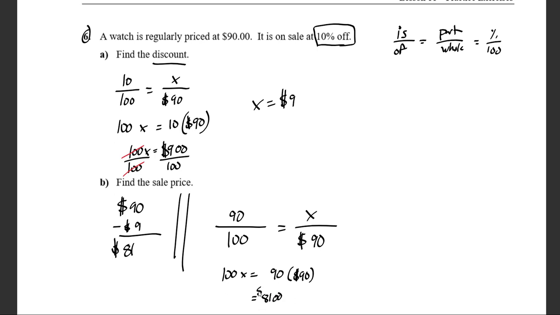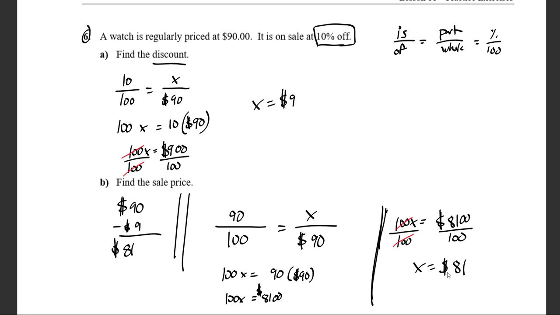That's a dollar sign that I'm trying to draw in there. It's equal to 100x. I'm going to rewrite over here: 100x equals 8100. I'm going to divide each side by 100 so that I get rid of that 100 there. And we'll find that x is equal to 8100 divided by 100, which is what we already knew.